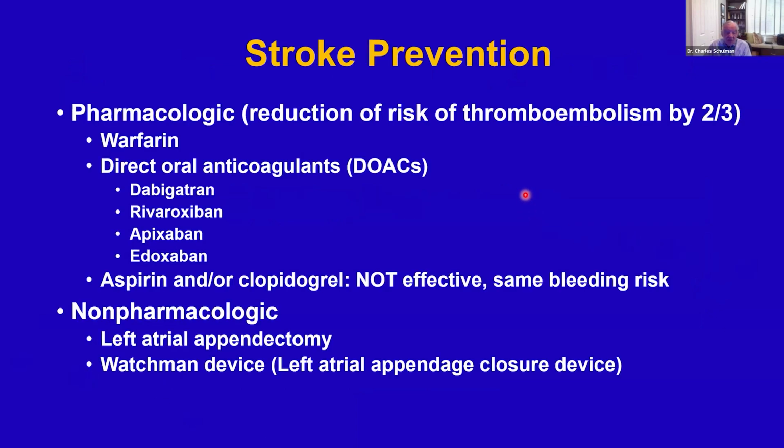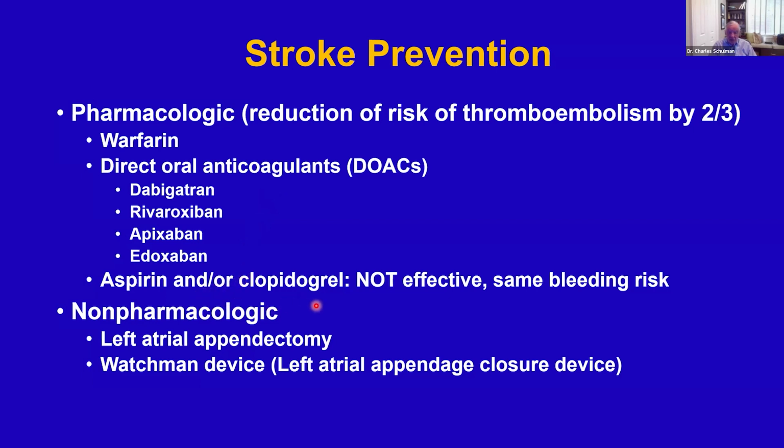There are two means of stroke prevention. What we're all familiar with are pharmacologic measures, which reduce the stroke risk by two-thirds anyway, with either warfarin or the direct oral anticoagulants: dabigatran, rivaroxaban, apixaban, edoxaban.